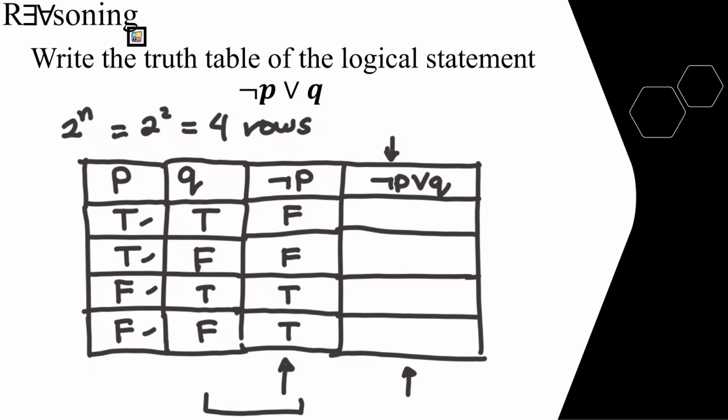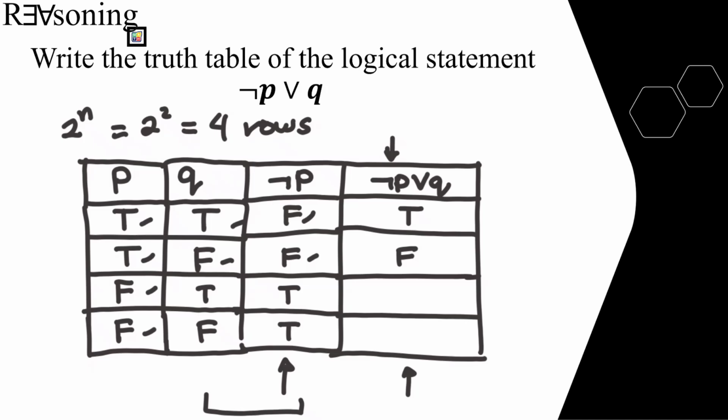Looking at the pairs for the first row, since our Q is true regardless of our negation of P being false, together with these two, this is true. Next, for our second, since both propositions are false, this would mean that our result here will be false as well. Because for disjunction, we need at least one of the propositions to be true so that our result will also be true.